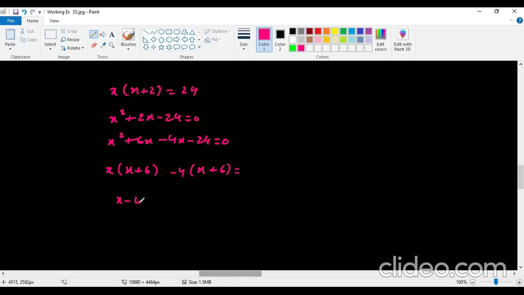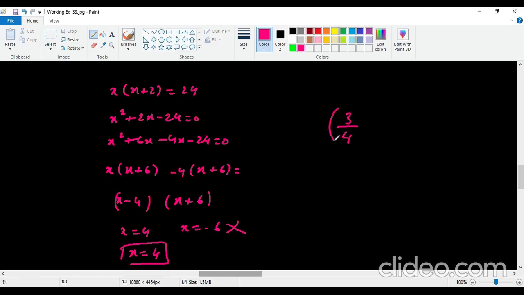So x minus 4 in one bracket, and x plus 6 in another bracket. x equals 4, x equals minus 6. This is not acceptable. So the value of x is going to be 4. So the fraction's denominator is 4, numerator is 3. This is your answer for this question.